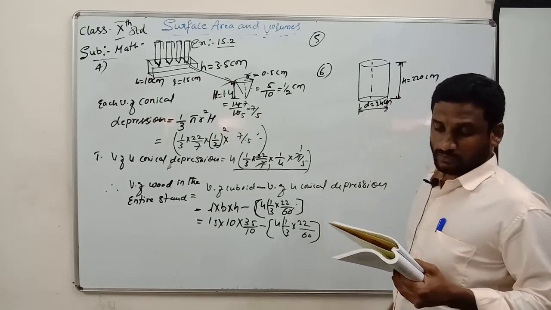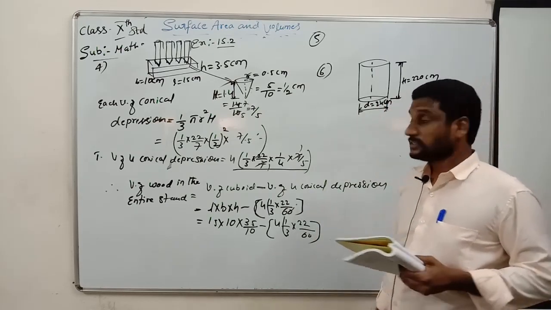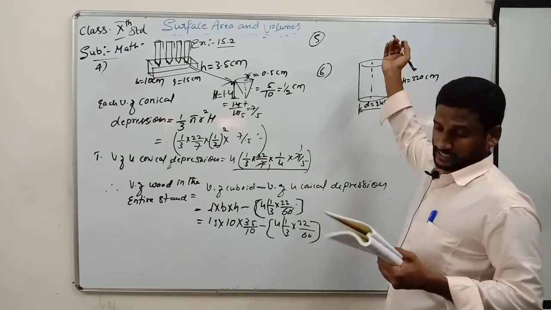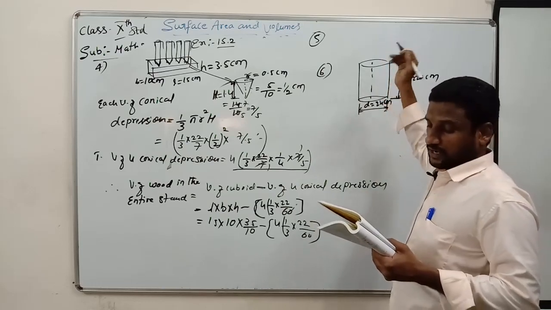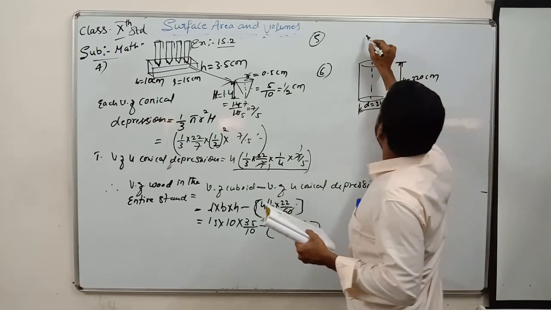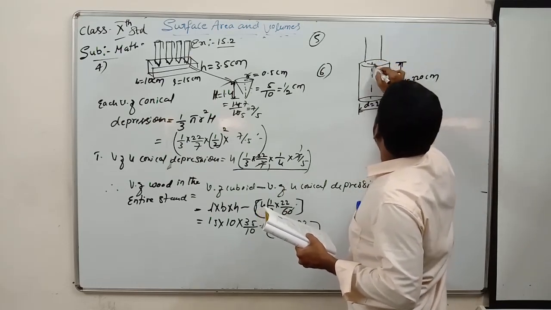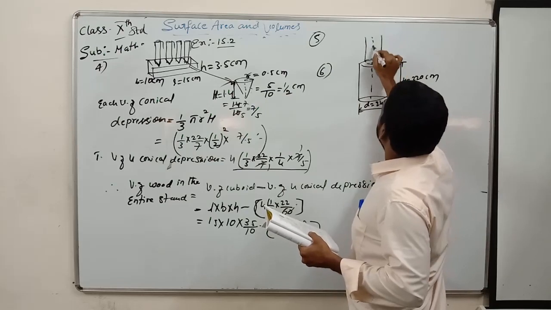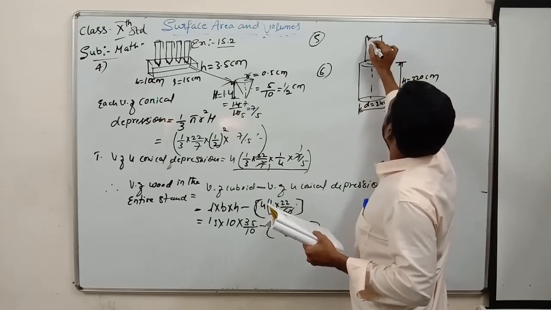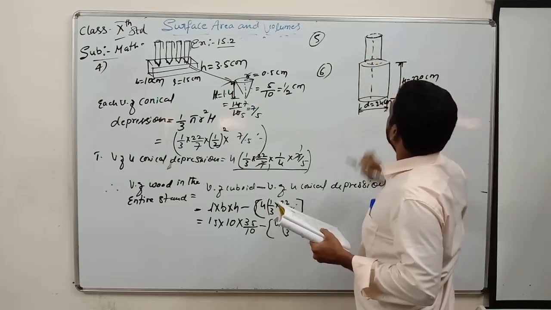Which is surmounted by another cylinder. Each cylinder is surmounted by another cylinder, and the height is the same. See here, I am keeping another cylinder here.